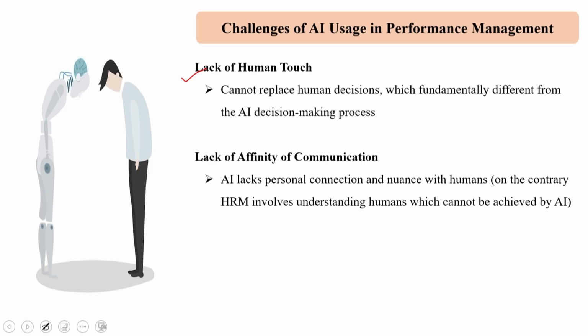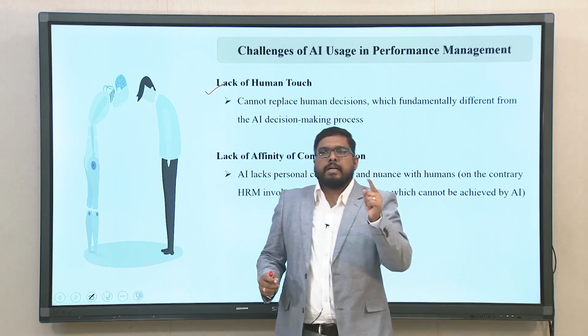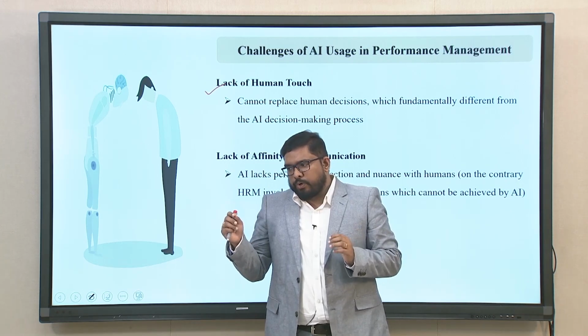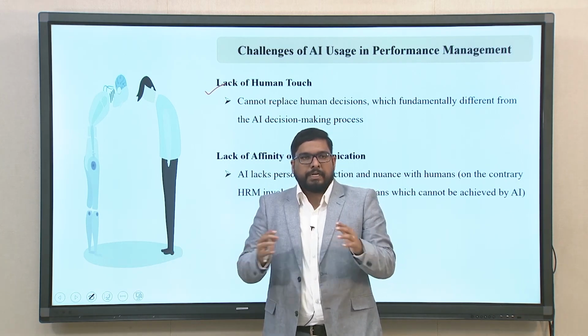Without this acceptance, employees may react negatively, impacting organizational outcomes, something human decision makers can adjust for, but algorithms cannot. So when I talked about AI in HRM, the first point was specifically that you do not have the human interface.